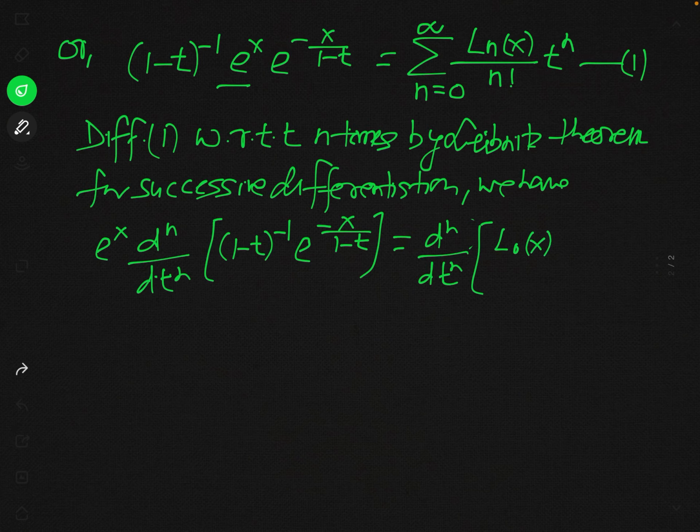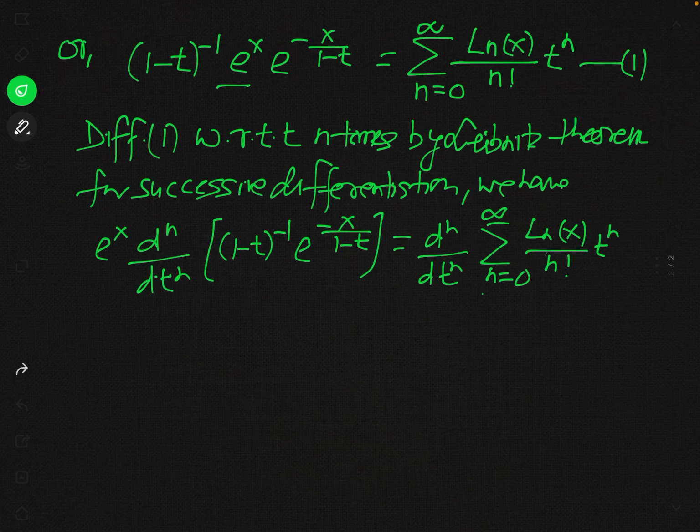Sorry, there is no need to expand this series. I am going to directly differentiate it using the Leibniz theorem. So this will be d^n/dt^n summation n equal to 0 to infinity Ln of x over n factorial t raised to the power n.